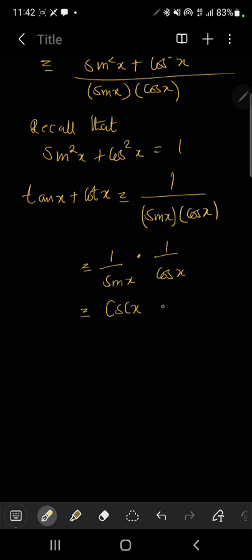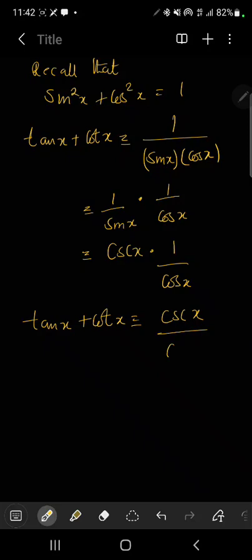So this is cosec x multiplied by 1 over cos x. So we have tan x plus cot x is equal to cosec x times 1, which is equal to cosec x over cos x.